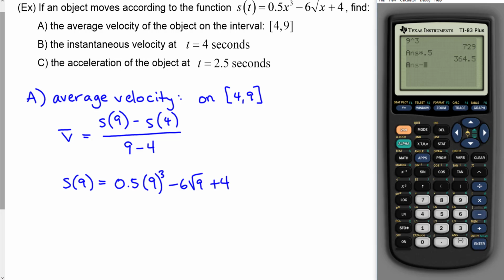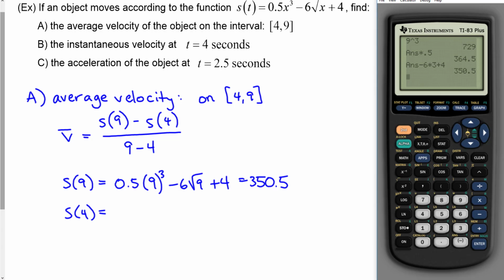Then I need to subtract 6 times the square root of 9. The square root of 9 is 3. Then plus 4. So 350.5. That seems large, but we don't know what the actual units are here, so who knows? Maybe it's only inches per second.